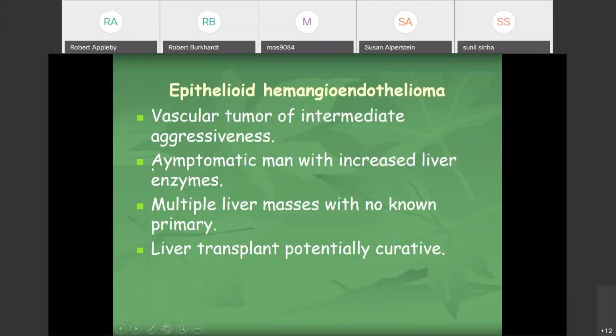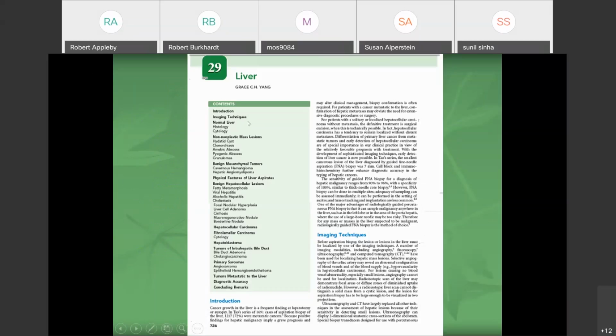Clinically, it's a healthy-looking man, mostly men, with multiple liver nodules, yet he doesn't look that sick. So this is it. That's what I just showed you.